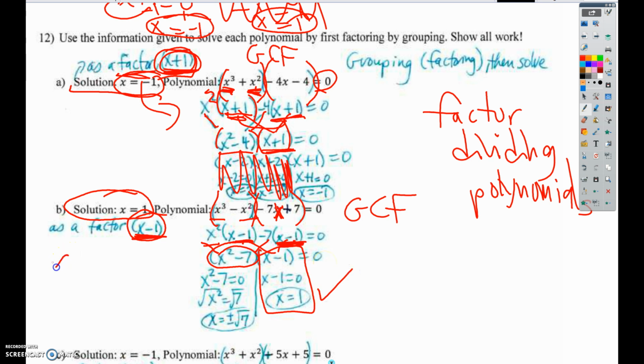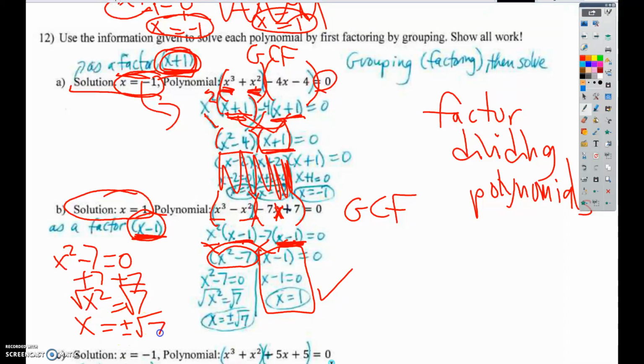You need to find the other two solutions by setting x squared minus 7 equal to 0, adding 7 to both sides. x squared equals positive 7. You're going to square root both sides to get rid of the square. The square root of a square is x, and since 7 isn't a perfect square, you're going to leave it as a square root and make it plus minus square root of 7.